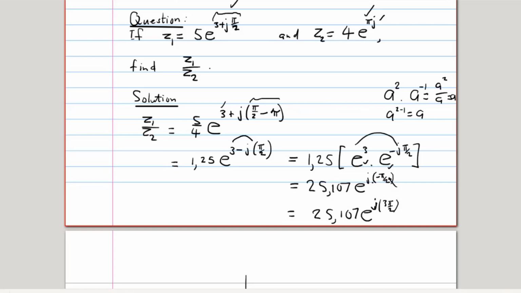And there I've got theta j. So therefore this part here is a real number. I can multiply by that real number, and I remain with my e to the theta j. So this is my new r for that quotient.